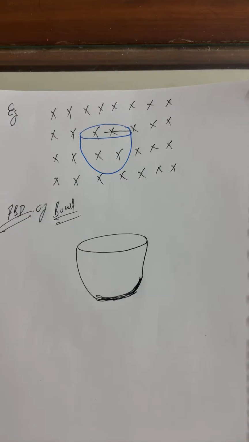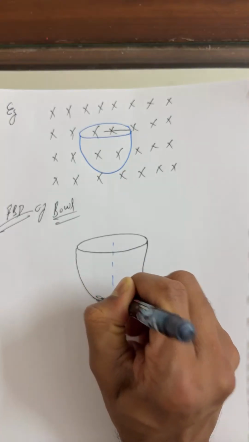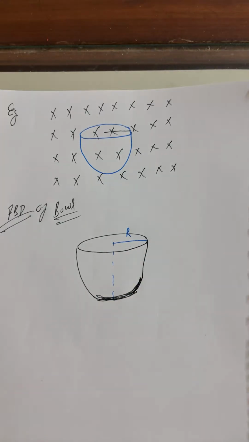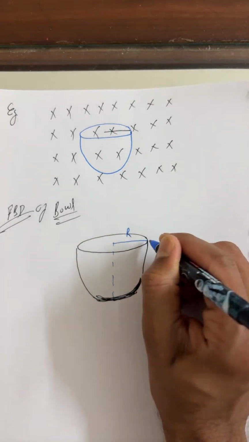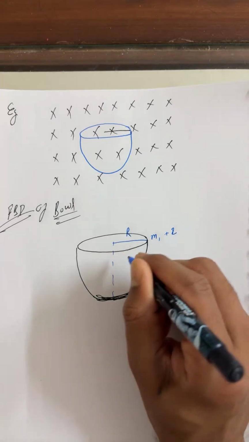The figure shows a fixed bowl of radius r, in which from its rim a charged particle of mass m and charge plus q is released.